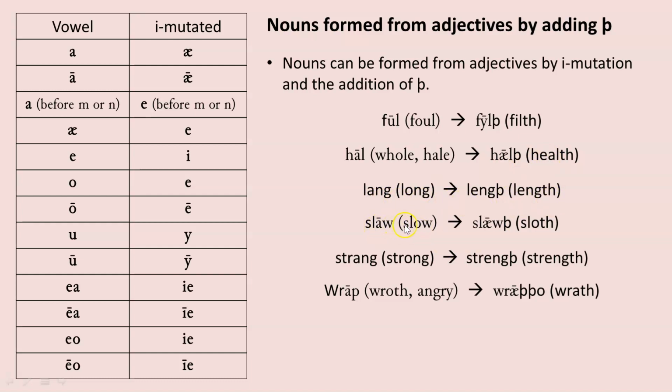Salau, slow. Salaweth, sloth. Satarang, strong. Satarength, strength. Warab, wrath, angry. And this one, wrath in modern English still exists, but it's not well used and refers to anger.